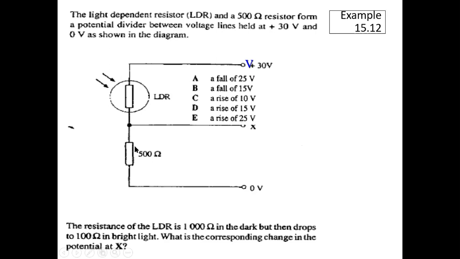Always remember. Well, you don't care about the LDR, but it's not across the LDR. It's across the 500 ohm. That's your X there. Know how to read. That's your 30 volt. X is across the 500 ohm, not across the LDR. The LDR is just to change the value of X as well.